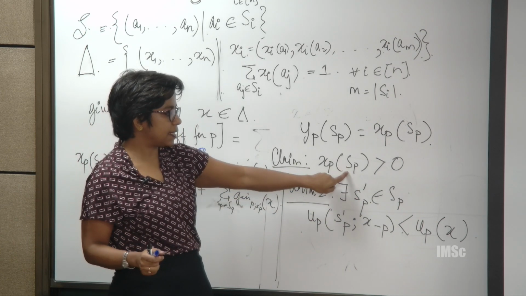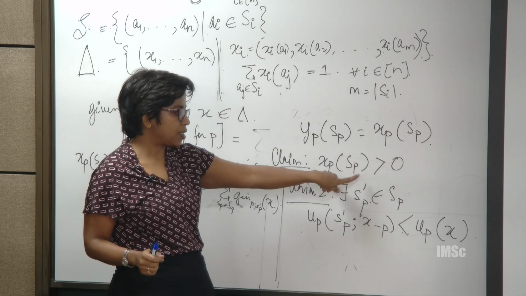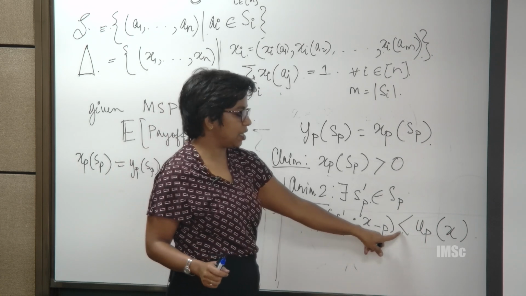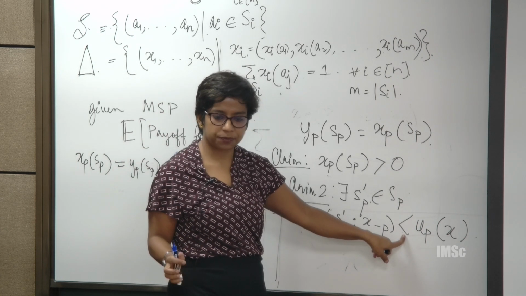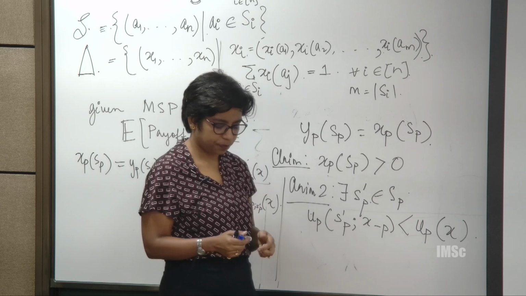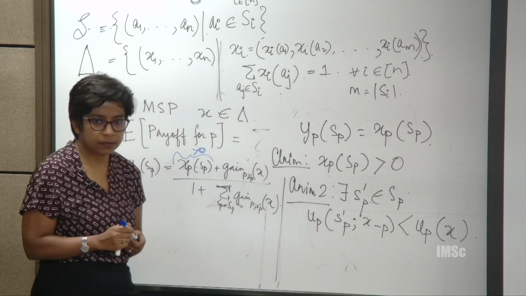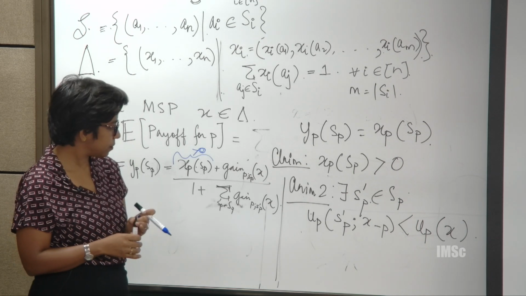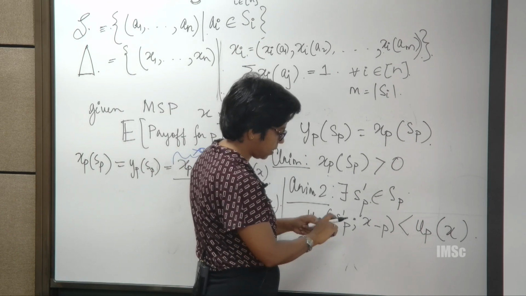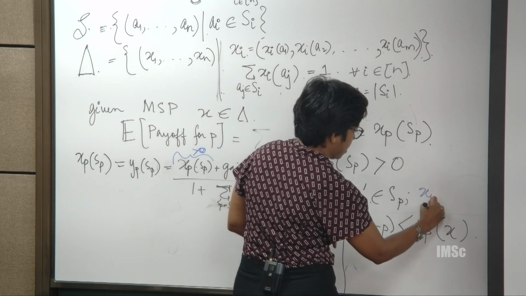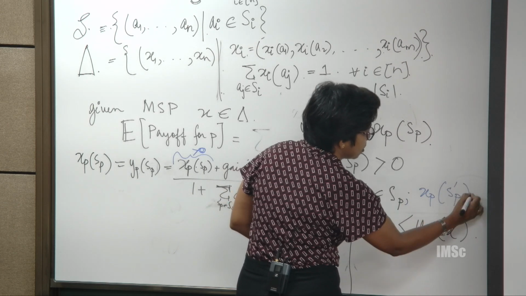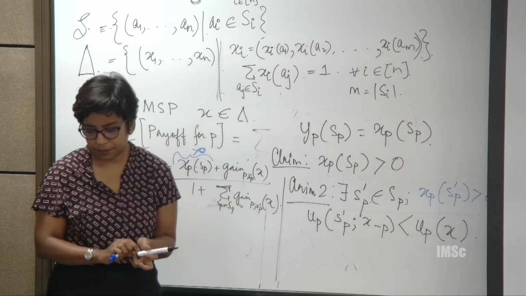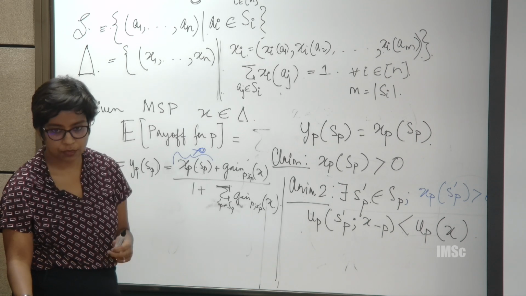If there exists a strategy SP for which XP is more than 0, there should be a strategy S prime P for which the deviation is of the opposite kind, like he loses value. I should also write here XP, S prime P is in the support, this is important. Why do you think this is true?